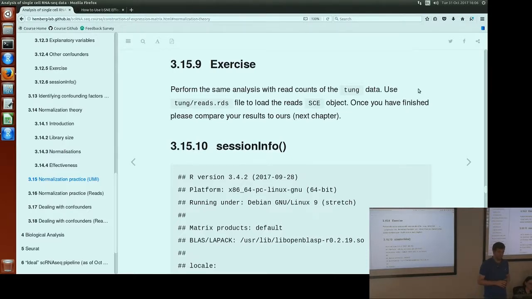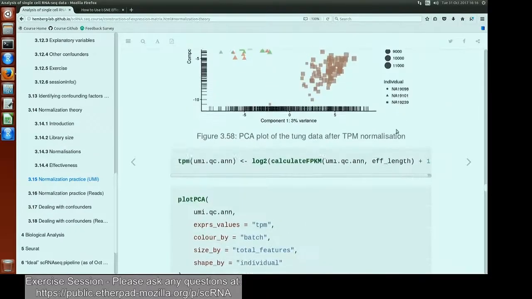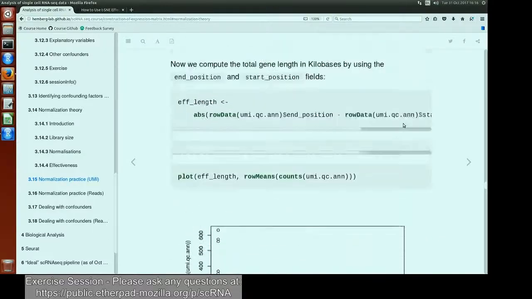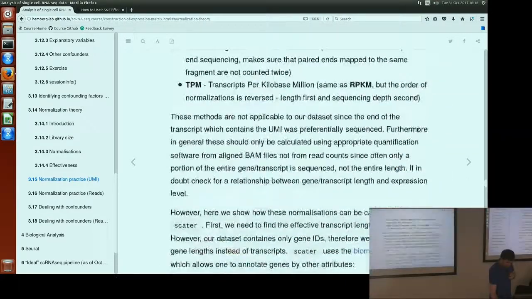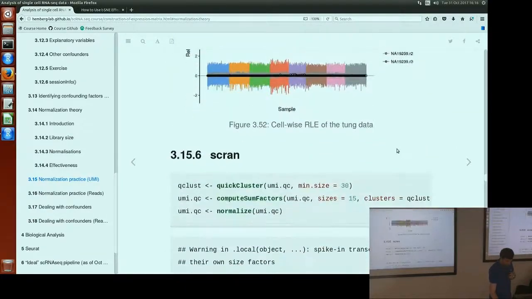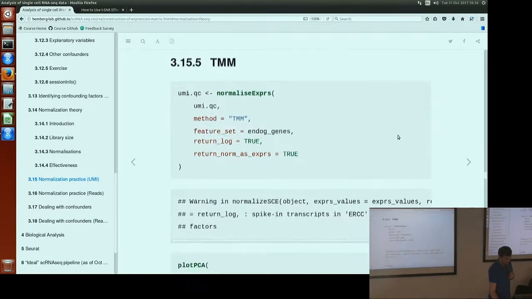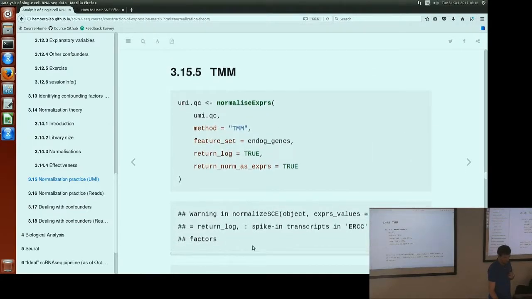Thinking about this particular warning that I glossed over back up here for some of these approaches using normalizeExprs: for example, if we apply TMM normalization with the normalizeExprs function, we see this warning saying spike-in transcripts in ERCC should have their own size factors.